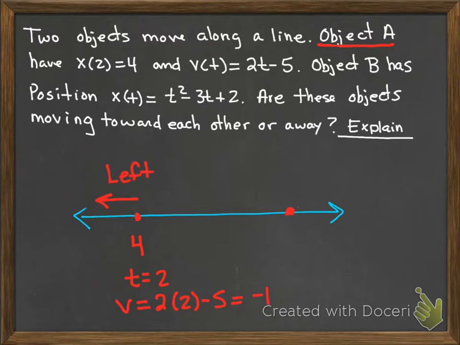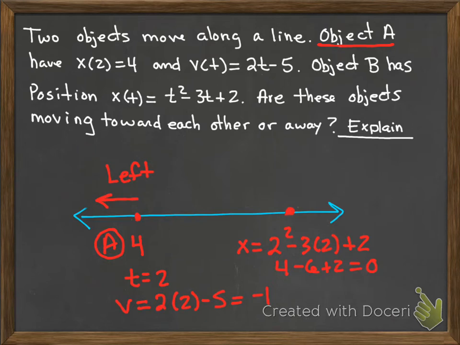Now we'll look at what we're given for object B. This was A. Here's B, potentially. We don't really know where it goes, so let's wait on labeling it. The x value is its position, which will be 2 squared minus 3 times 2 plus 2, or 4 minus 6 plus 2, that's equal to 0.